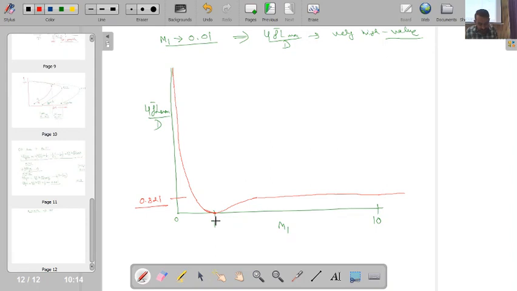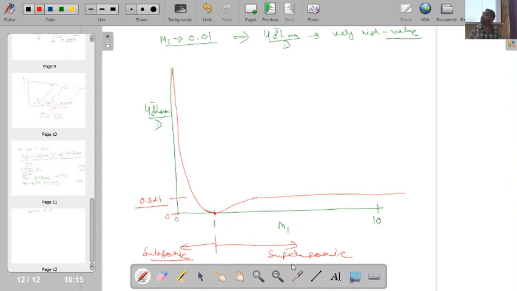So here you can say that when your upstream Mach number is greater than 1, this is the situation of a supersonic condition, and this is the case of a subsonic condition.